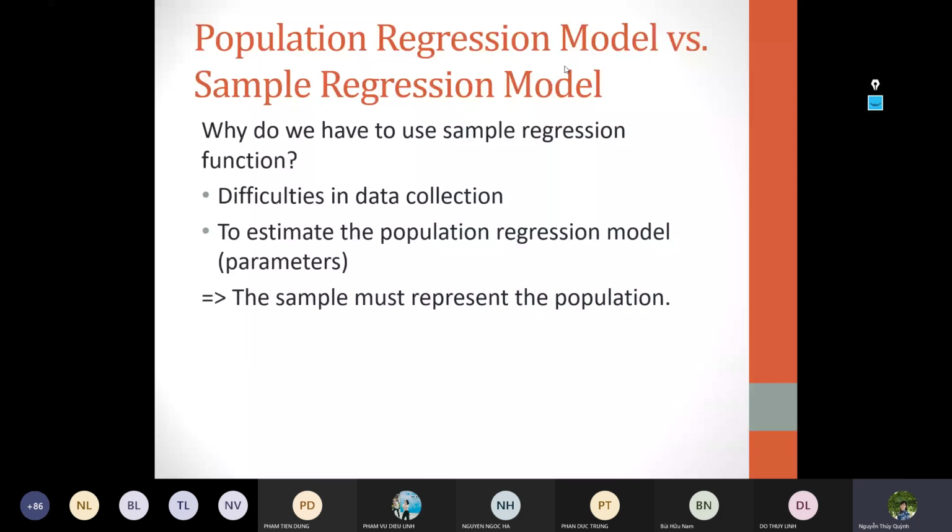Whether a sample represents the population depends on the sampling method you use to acquire the data. It depends on the sample size as well. The bigger the sample size, the more representative the sample is. Remember, when you collect the sample data, the sampling method must be a random sampling method.